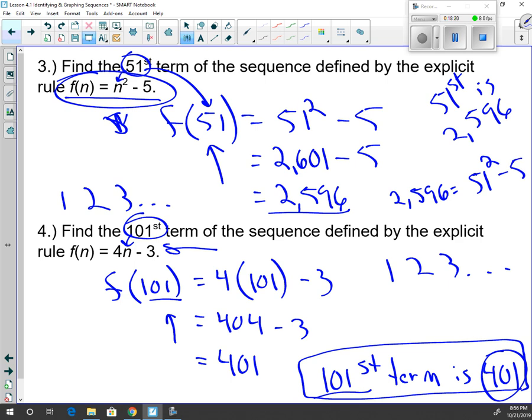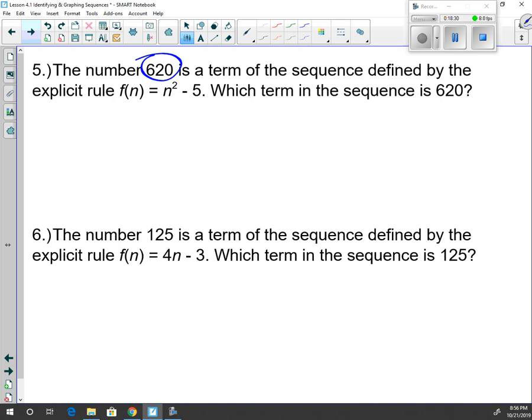If I wanted to instead find out what term number that was, I could solve that for n instead. That's exactly what we're going to do. We're going to take this 620, and now instead of going in for n, it's going to go in for the value of the nth term, because we're trying to find out the nth term.